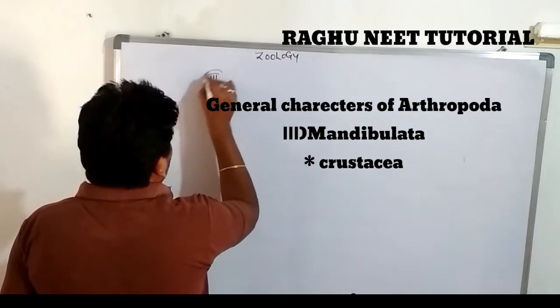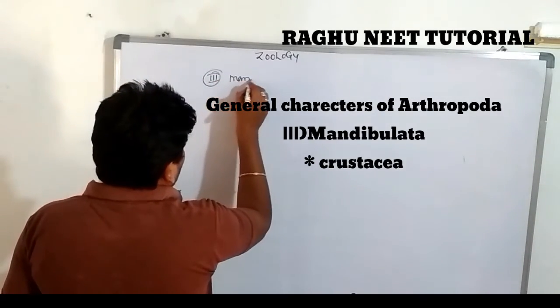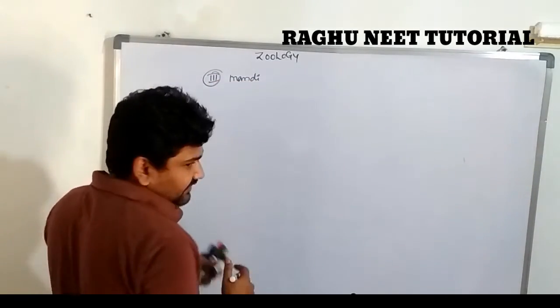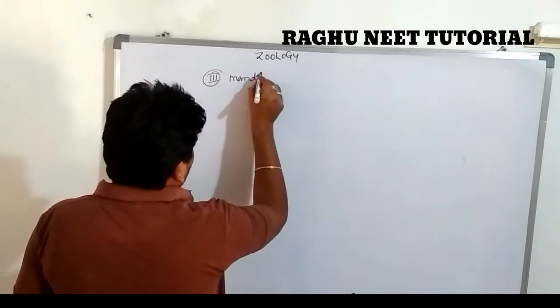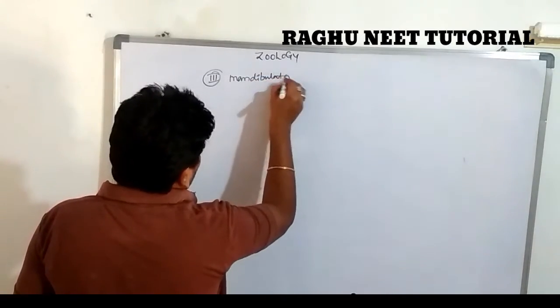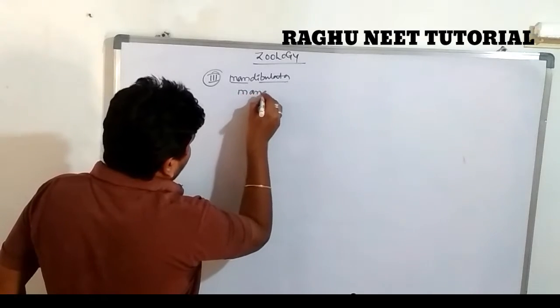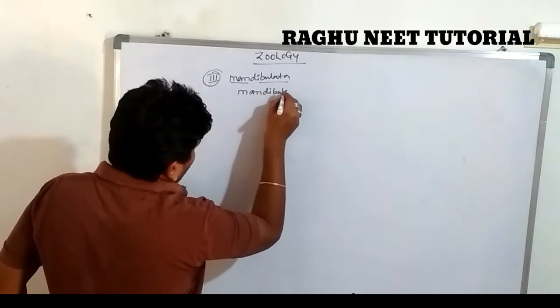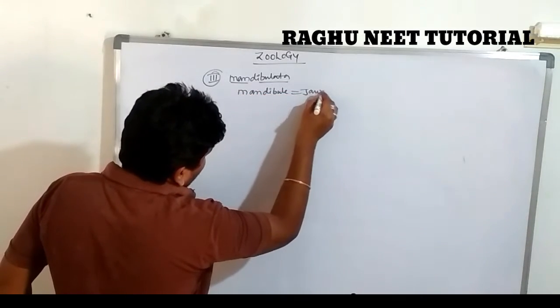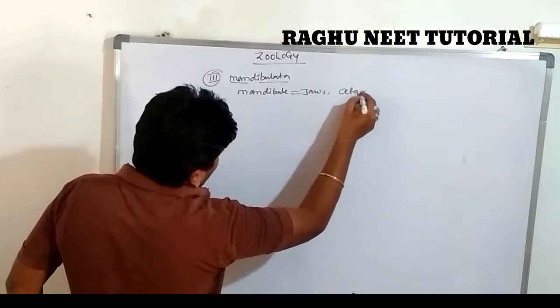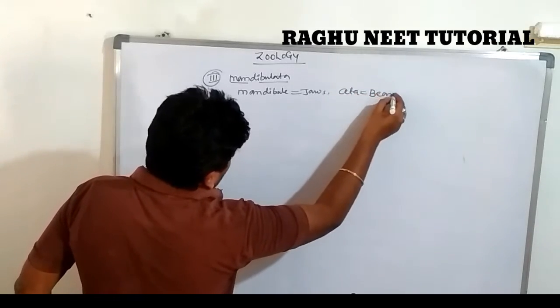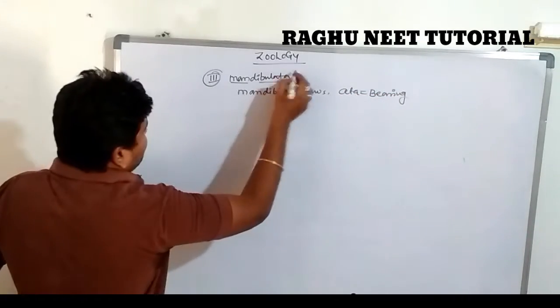Mandibulata means... the terms are very difficult. Please learn them by heart. Mandibulata. Very, very important. Mandibu means jaws, and ata means bearing or present. These organisms are in a class, not a subclass.